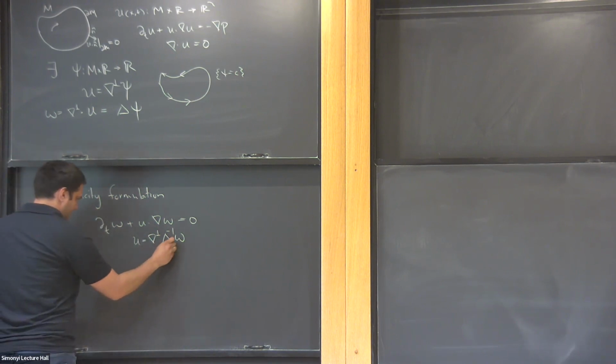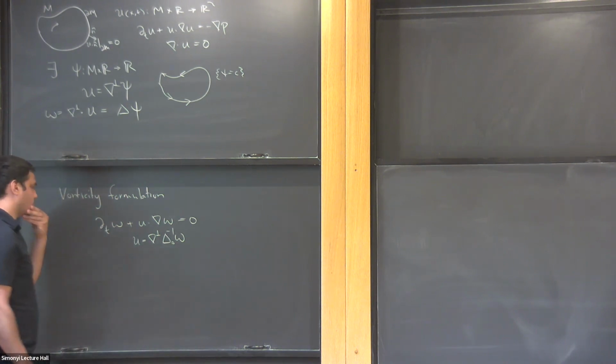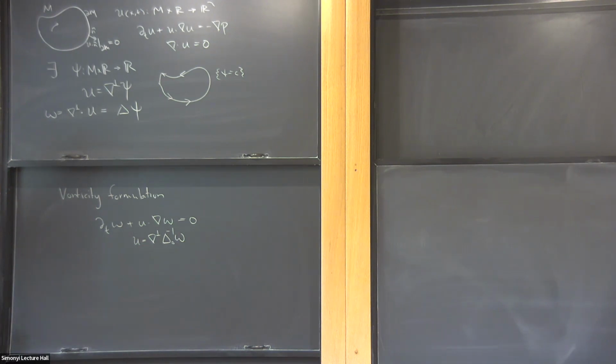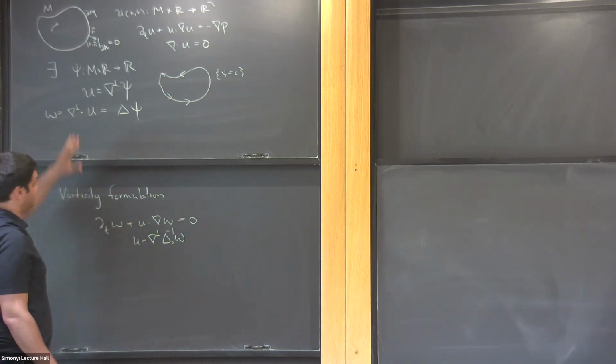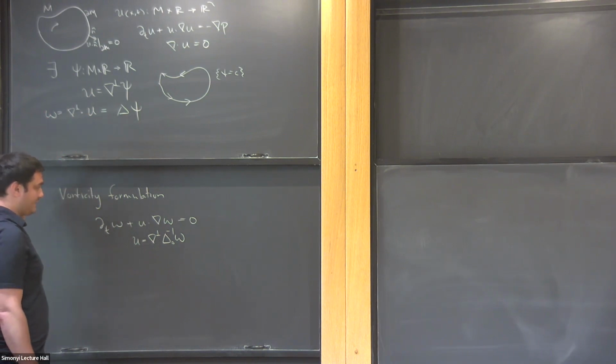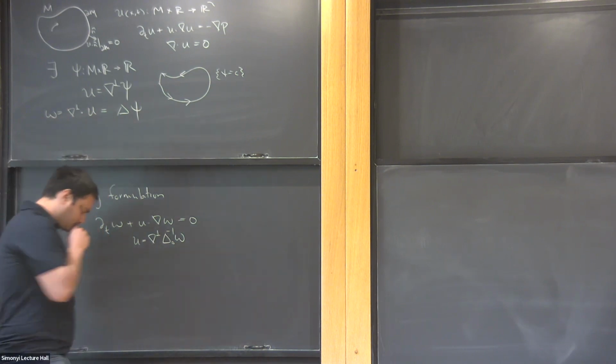And this is the, say, Dirichlet Laplacian, so that the velocity is tangent to the boundary. So this is a nonlinear, non-local transport equation that completely characterizes incompressible fluid motion in this context. So we can really just think of the vorticity as being our defining variable of the fluid.